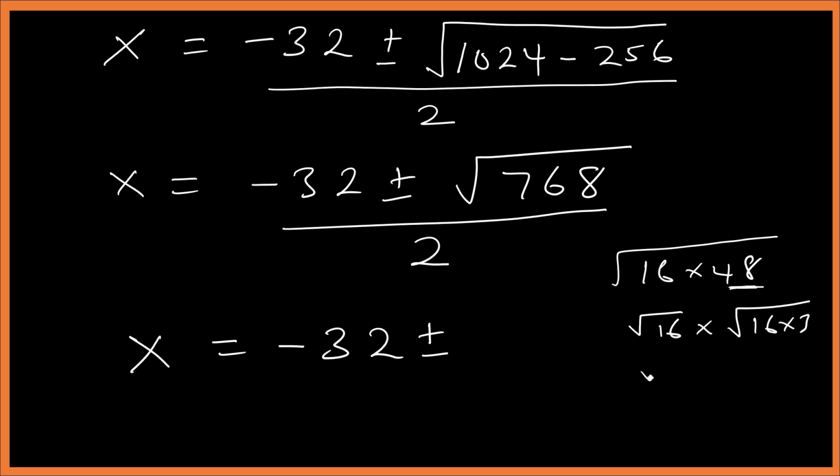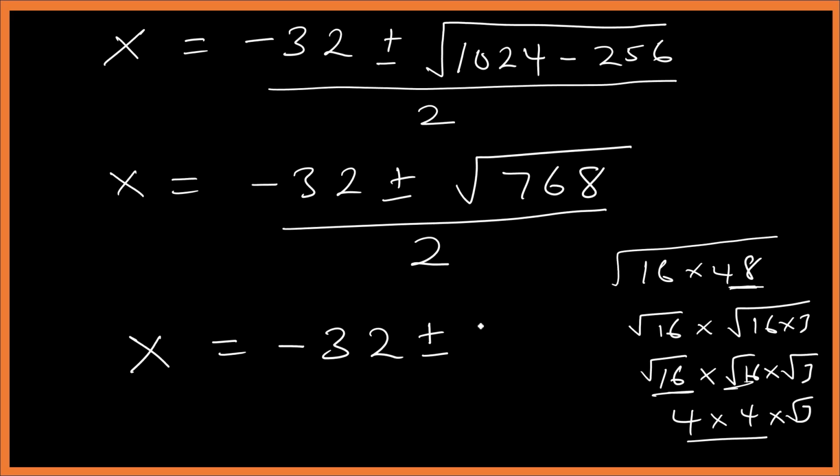The square root of 16 is 4, and the other square root of 16 is 4, so 4 times 4 is 16. So we have 16 root 3 on 2.